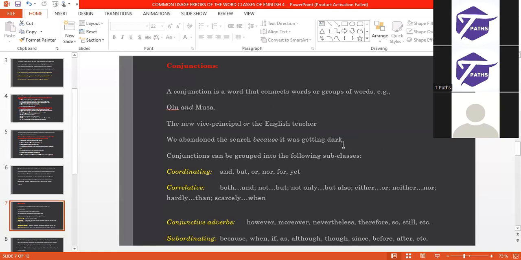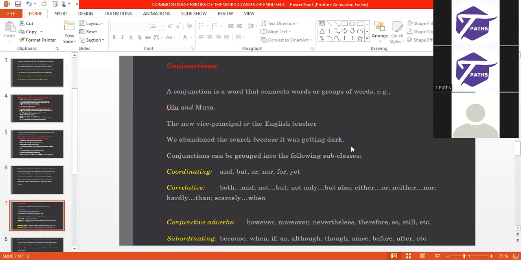Two clauses are being joined together by a conjunction. The same way you have the new vice principal, the English teacher, and then you have Olu and Musa. Here is a group of words, and here is a group of words. I'm giving you examples of conjunctions: they join, they connect words or groups of words.